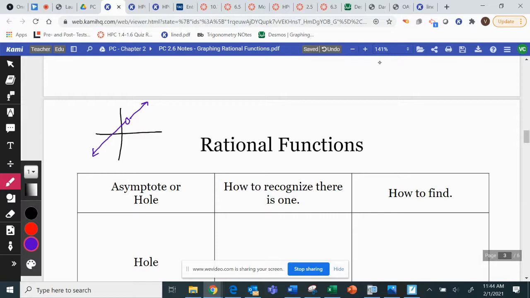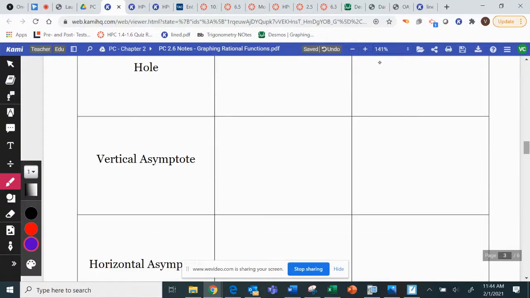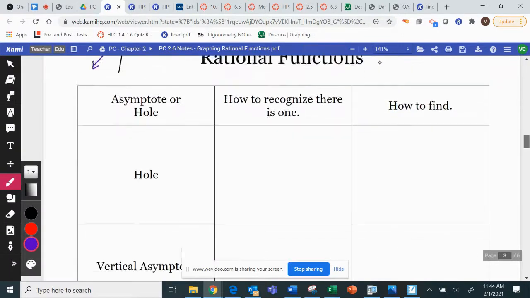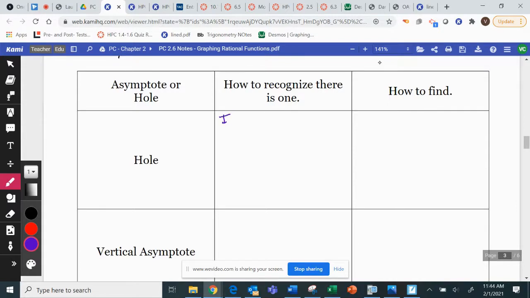A hole you would get if your original function factors and cancels common factors.